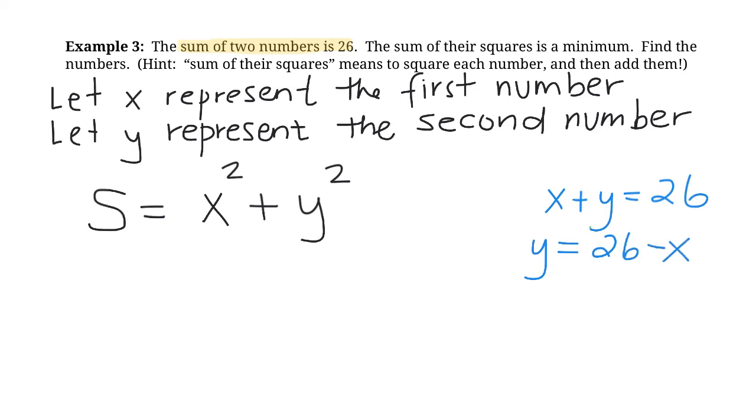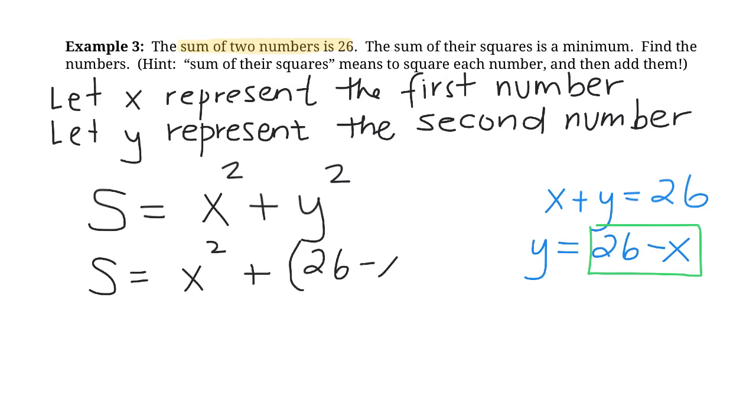So what I can do now is take this little mini equation and substitute it into my original equation in the place of y. So that's going to leave me with s equals x squared plus, I'm going to open a bracket, I'm going to put in 26 minus x, I'm going to close the bracket, and it is still squared.